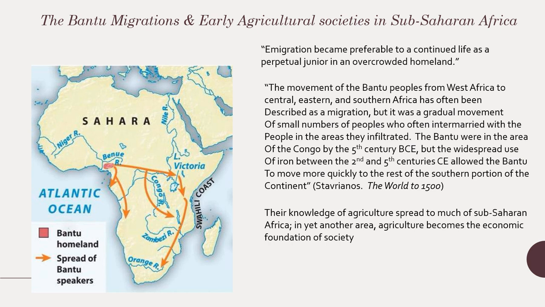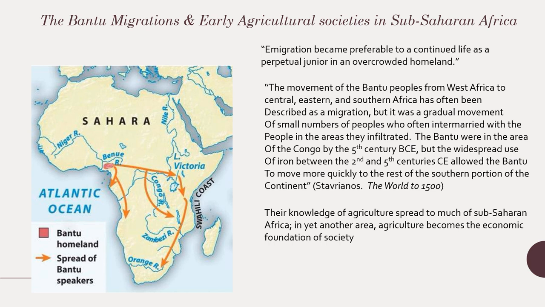Quoting from Professor Stavrianos, who wrote another good textbook that I sometimes use on world history: The movement of the Bantu peoples from West Africa to Central, Eastern, and Southern Africa has often been described as a migration, but it was a gradual movement of small numbers of peoples who often intermarried with the people in the areas they infiltrated.